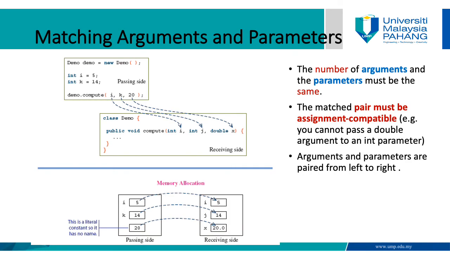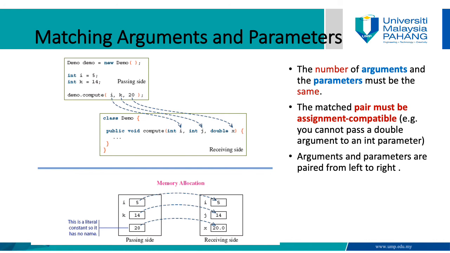So how are we going to match arguments and parameters? The number of arguments and parameters must be the same. You have to remember that. It must be the same. And then the matched pair must be assignment compatible.